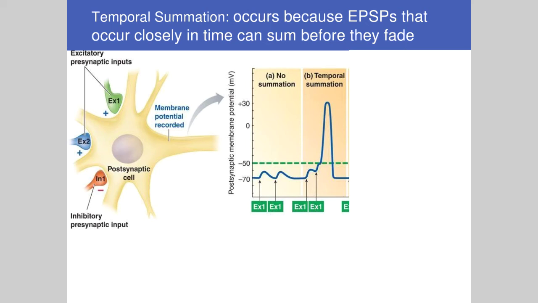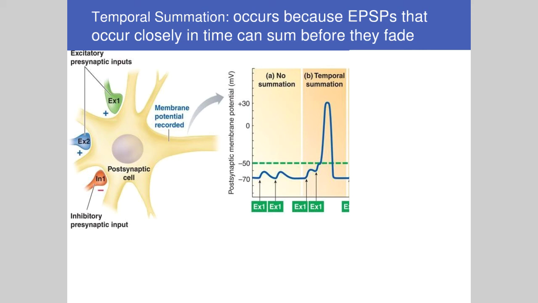Temporal means timing. If one presynaptic neuron is firing very rapidly, it's releasing more neurotransmitter and keeping the gates associated with that synapse open longer, and therefore more sodium can flow in. So temporal summation has to do with how often the same presynaptic cell fires.